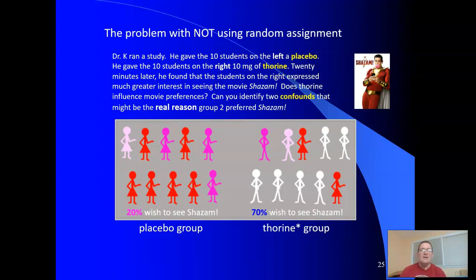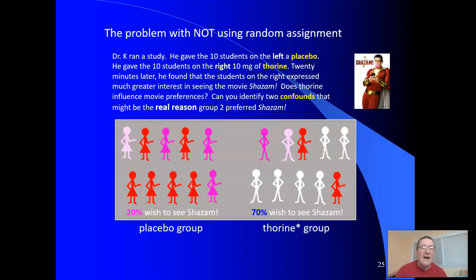But you see here that we have, oh my goodness, 6 white people in the thorine group, and literally no white people, only people of color, in the placebo group. And if you make the assumption, that we will get to later, that people often prefer their ethnic in-group over the ethnic out-group.